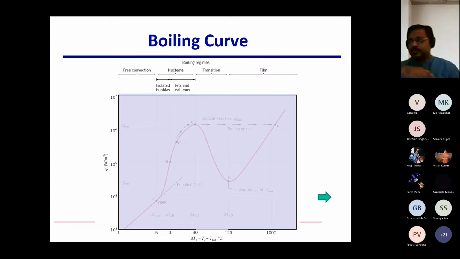So what I'm plotting on the x-axis is what we call the surface superheat. So what is the temperature rise above the boiling point? That is the delta T.